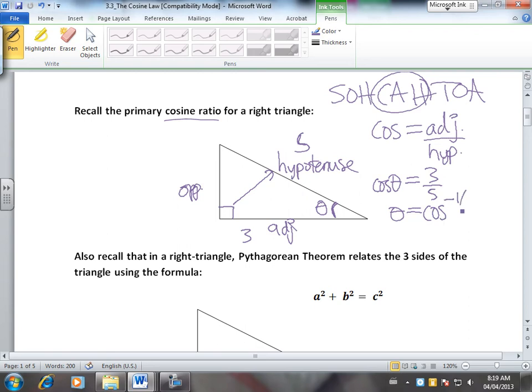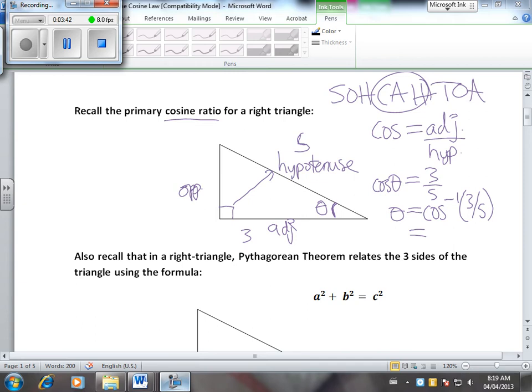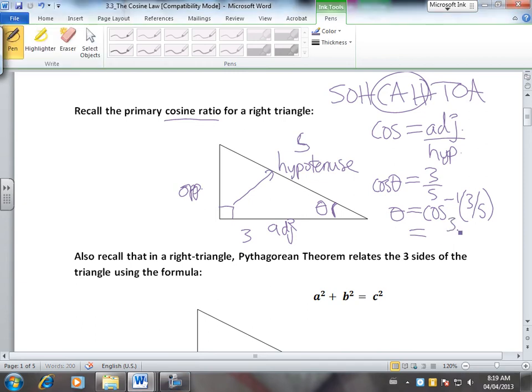So we do inverse cos of 3 over 5, and you'd get an angle of, just let me grab my calculator, 53.1. Remember that you need to be in degree mode on your calculator. The inverse cosine or sine or tangent, you press the second or shift button.